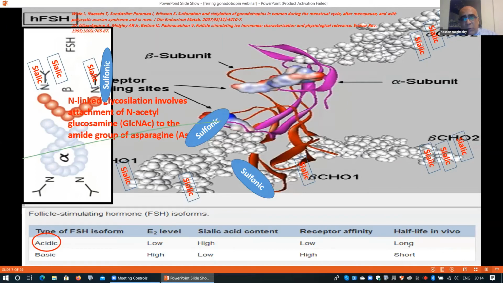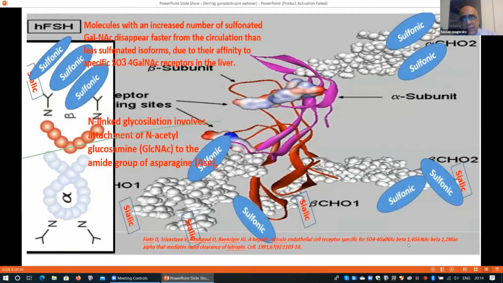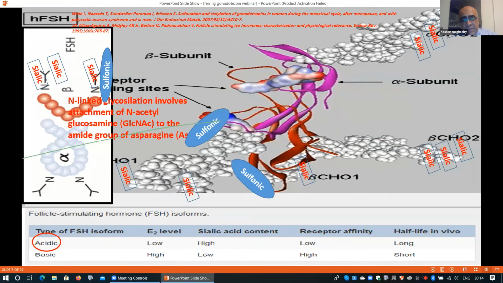Whereas if the compound is basic, that it contains sulfonic acid like in rec FSH, it has high E2 resulting from it, and the receptor affinity is high, and the half-life of the compound is short.